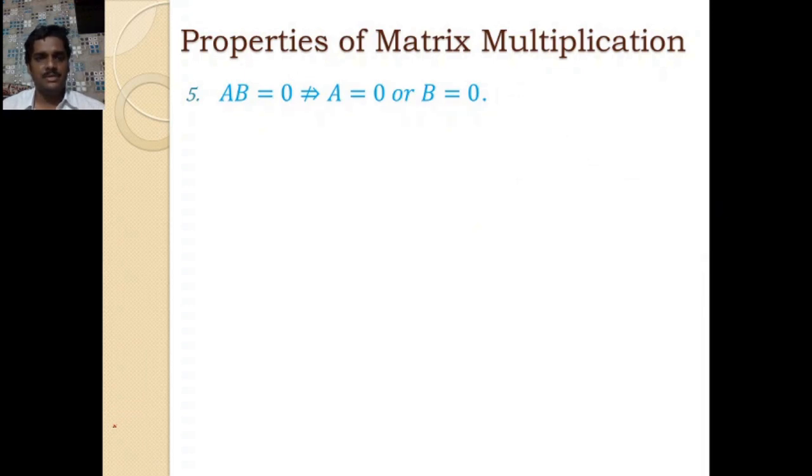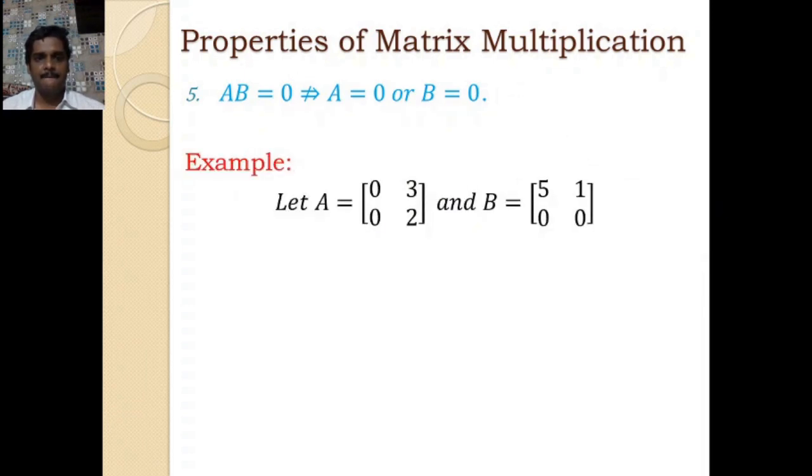Let's see an example to understand this. So here I have two matrices A and B, and I again suggest you all pause the video and compute AB. I hope you all must have got this AB. Okay. So what I want to say over here is, we have this A which is non-zero. We have this B which is non-zero. Both are non-zero, but their product is 0.